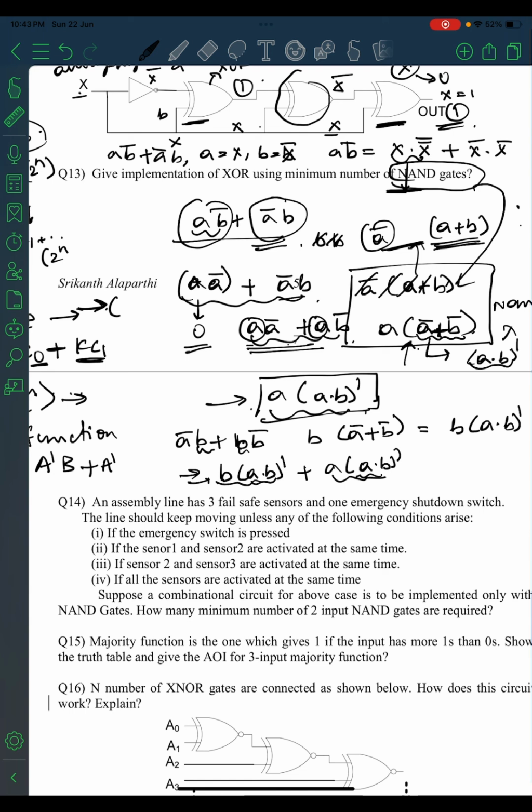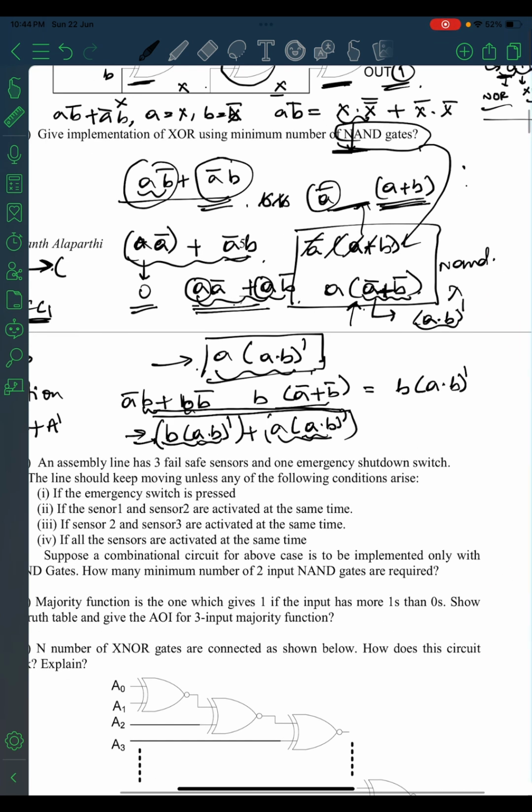If you look at these things carefully, if you keep an AND over there, if you take a bar over there, what will happen is A into (A dot B) whole bar, dot B into (A dot B) whole bar, and that will be like this.